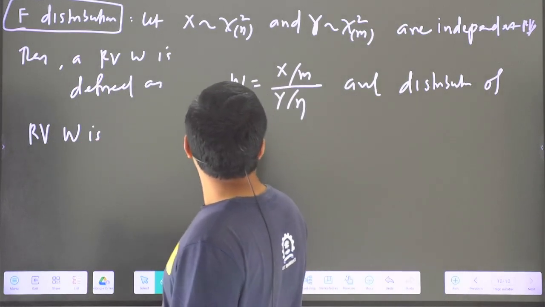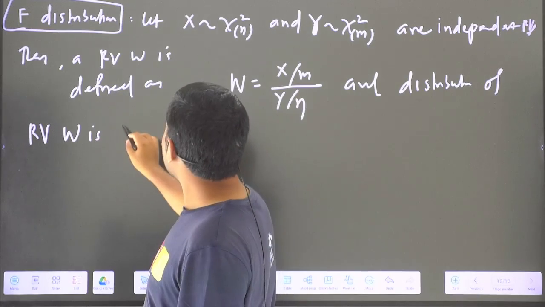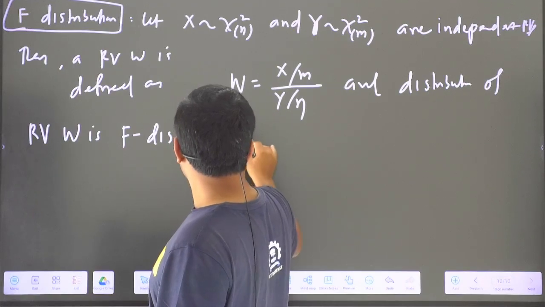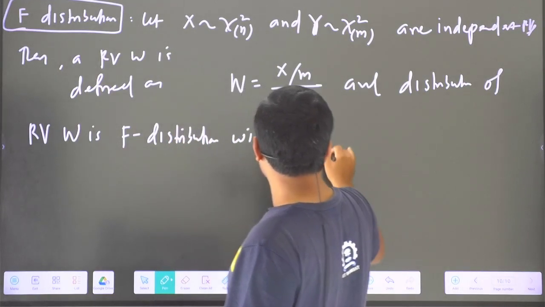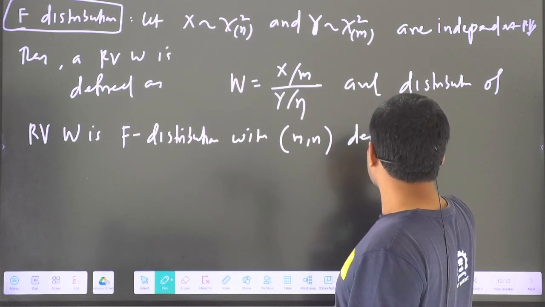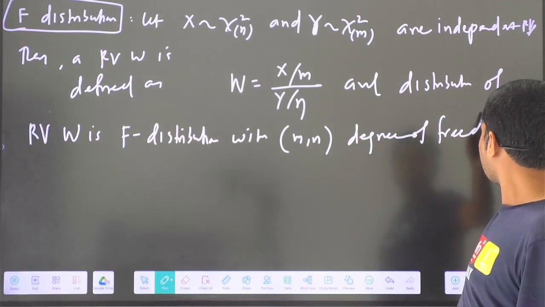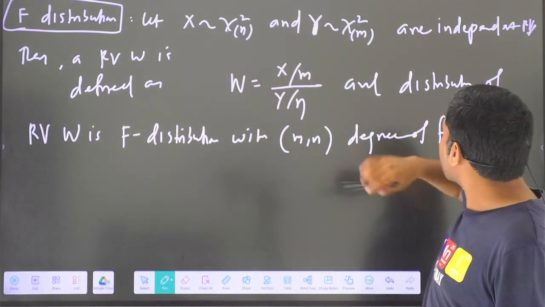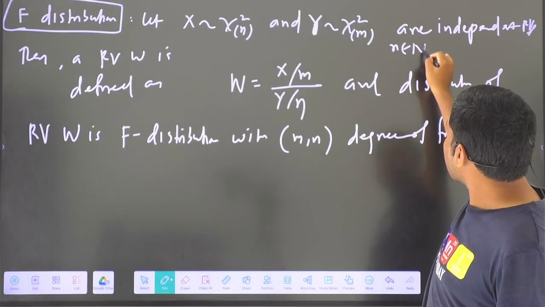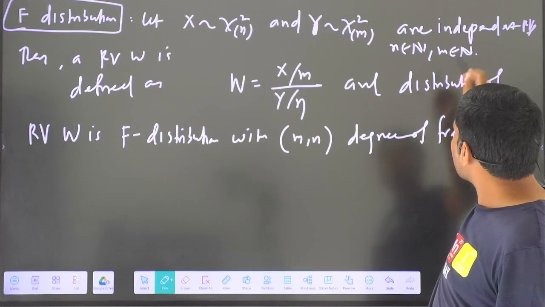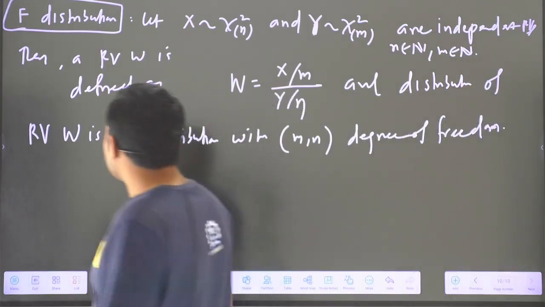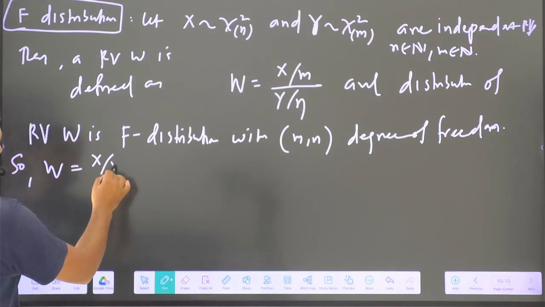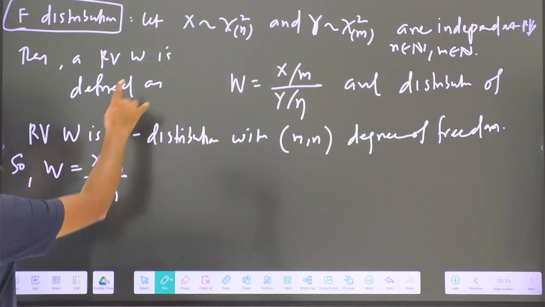The distribution of random variable W is the F distribution with m, n degrees of freedom. There are two numbers n and m, they are natural numbers. So what we got is W, which is X by M, Y by N. Both are chi-square.